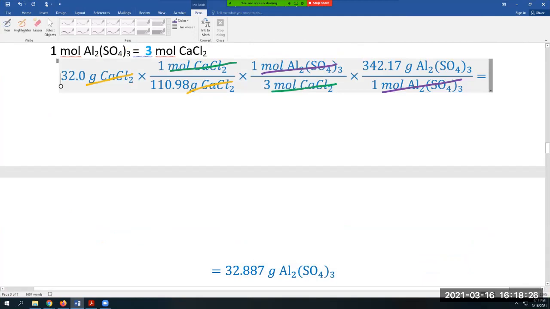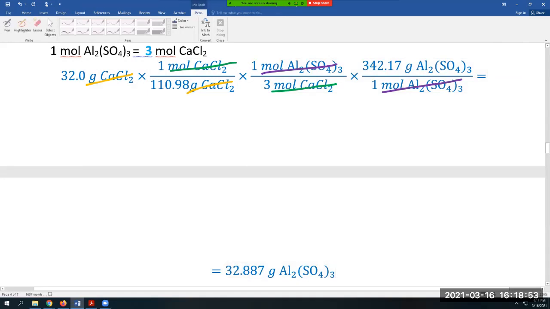Again, we need to pay attention to sig figs. All the mole numbers are exact and not limiting the number of sig figs. We have 5 sig figs in the molar mass, 5 other sig figs in the other molar mass, and 3 sig figs only in the given amount. So we need to keep 3. We need to keep the 32.8, but what comes after the 8 is another 8, so you need to round the 8 up to a 9.